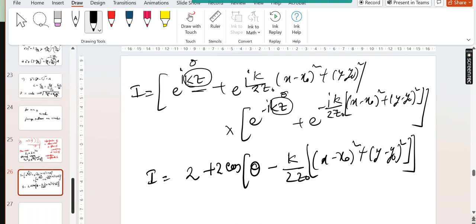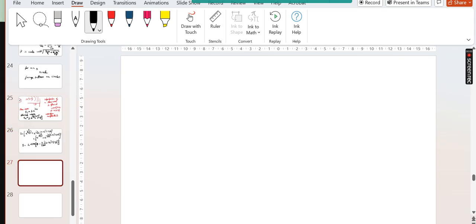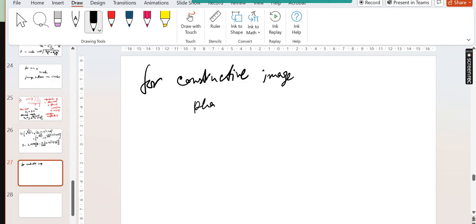So for constructive interference, the phase difference is 2nπ.